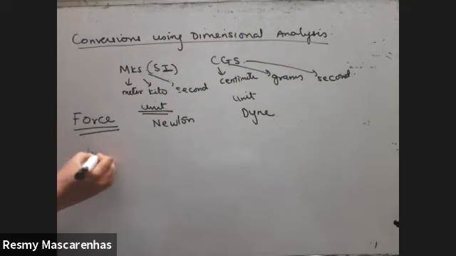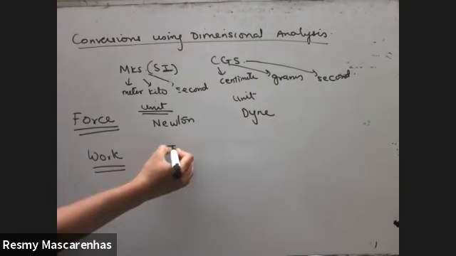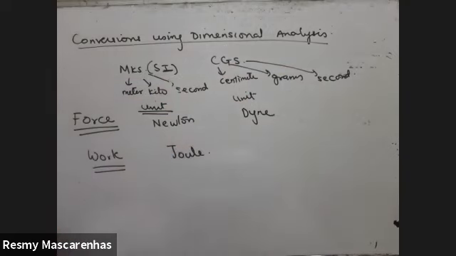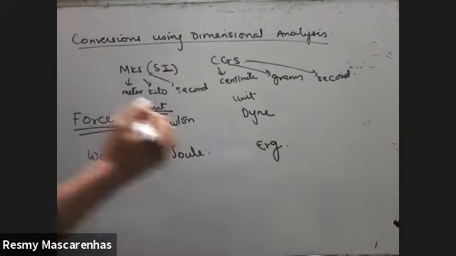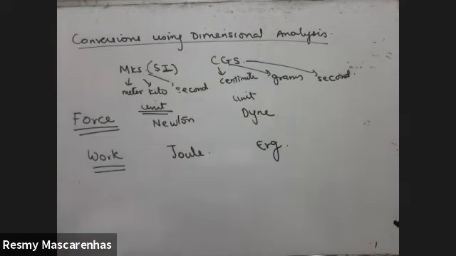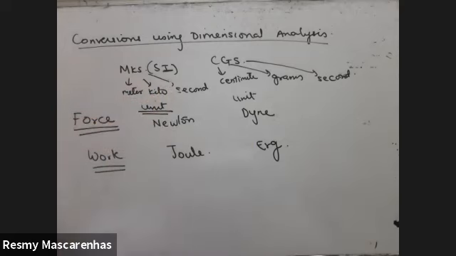Same way, even work, only these two things will be different. In the SI system, it is called joules. Here it is called erg. It's the same thing, but it depends on how you measure it.